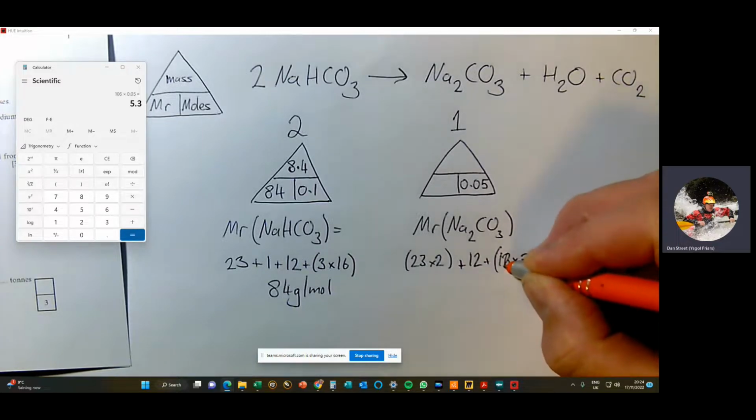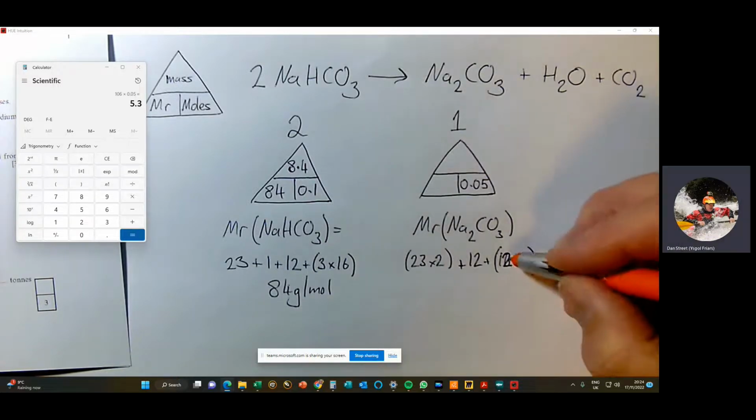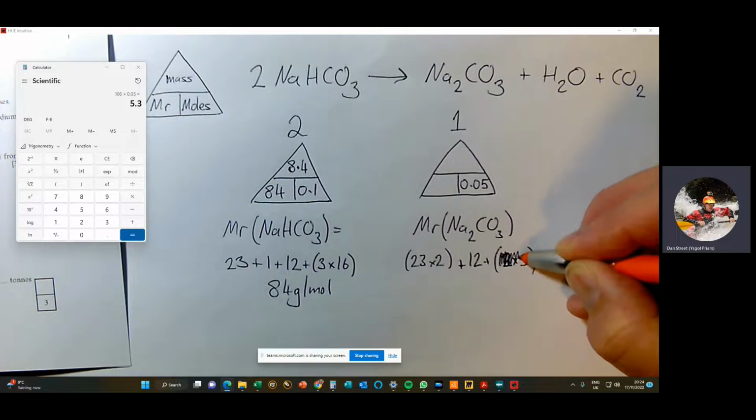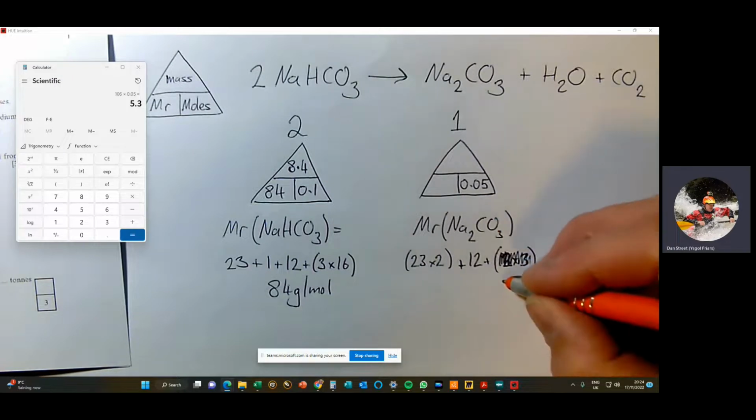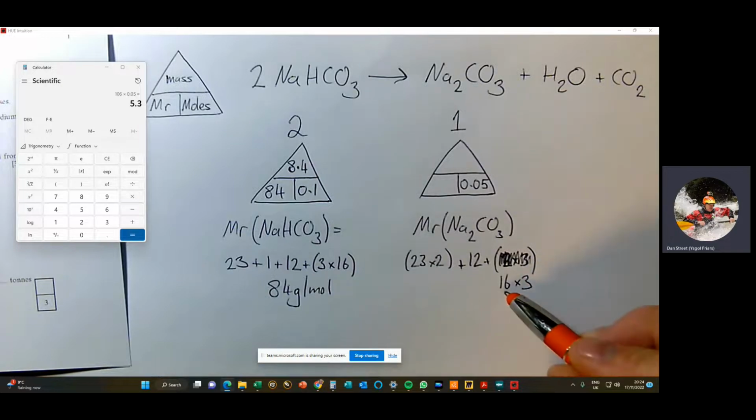No, it's not, it's 12. 12 is the mass of carbon. So I'm going to just scribble that out and put that in again. I was right first time. It is 16. 16 times 3, because 16 is the mass of oxygen and there are 3 of them.